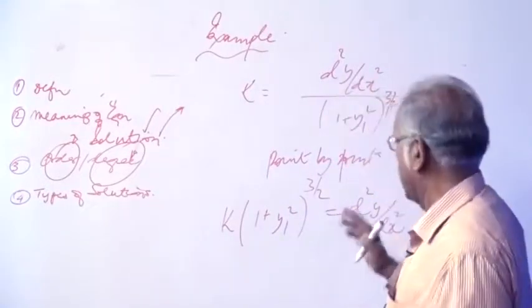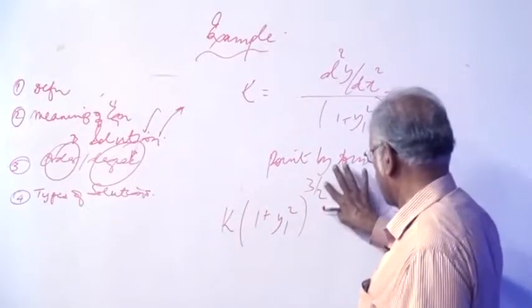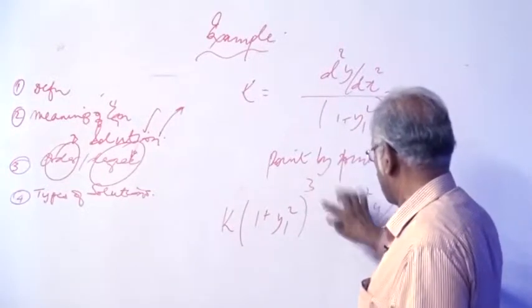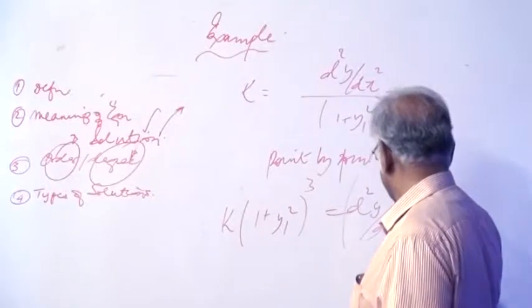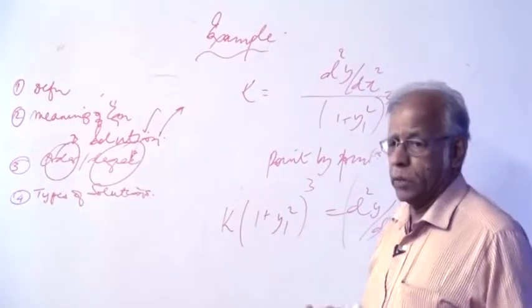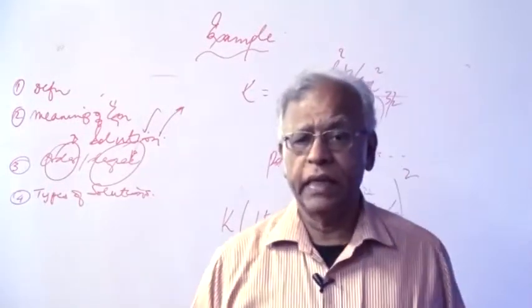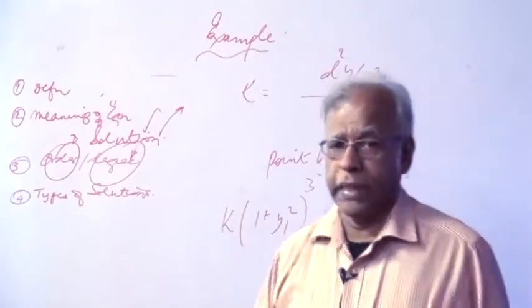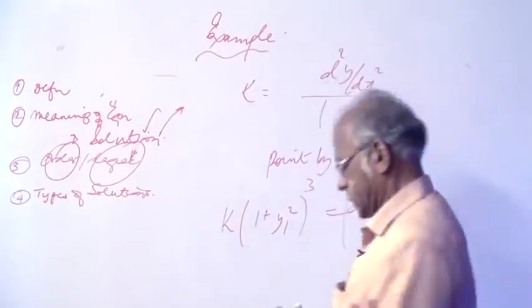In other words, we have to square both sides. If we square both sides, we will get this to the power of 3 is this to the power of 2. In other words, it is a second order second degree equation, not a second order first degree equation.